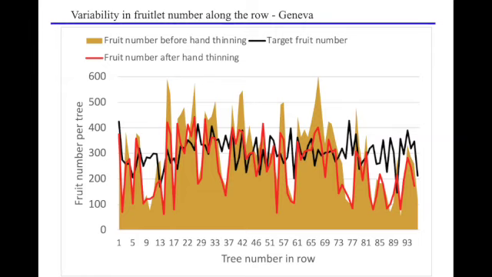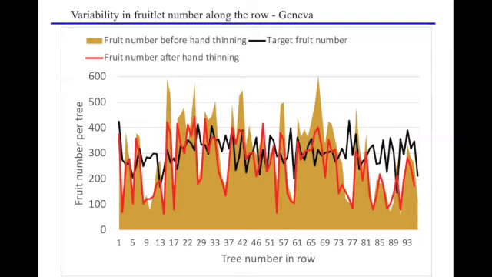The red line is we went through and hand thinned to try to bring down the gold line to the black line for those fruits that were above it. So if we did hand thinning correctly, we should not have ever reduced crop load on the ones that were under the optimum, but we should have made the gold line come down closer to the black line, with the red line being the result.